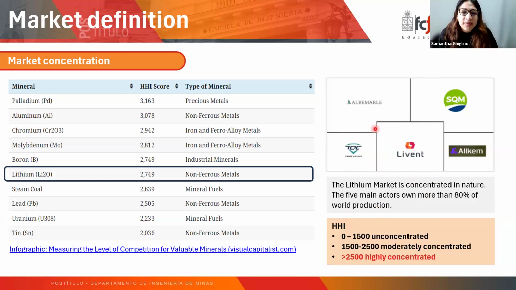So we think that this, even if it's not up to date, is still a real reflection of how the market is currently concentrated. And as we said here, the lithium market is concentrated, and the five main actors own more than 80% of the whole world production. So that sums it up.